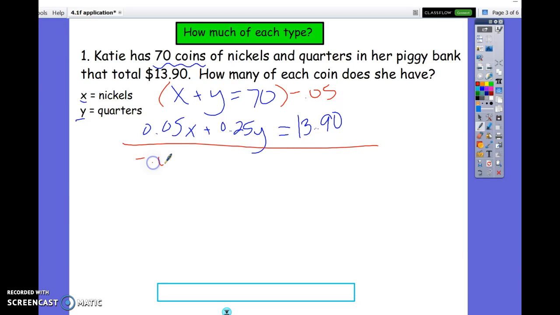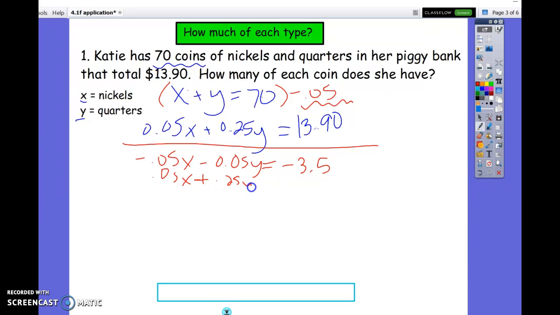We've got negative 0.05x minus 0.05y equals, well, 70 times negative 0.05 is negative 3.5. Remember when you are eliminating, you need to take whatever you're multiplying by, so our negative 0.05, and multiply it by all three terms in that equation. Our bottom equation is going to stay the same. All right, and then we just need to combine.